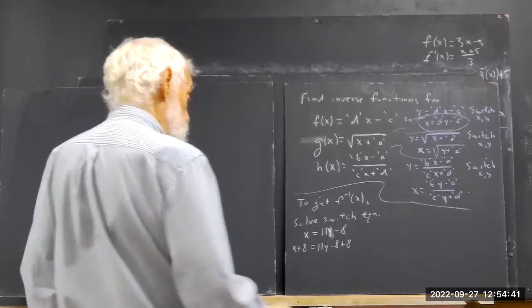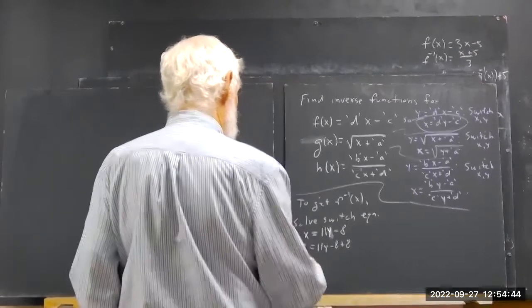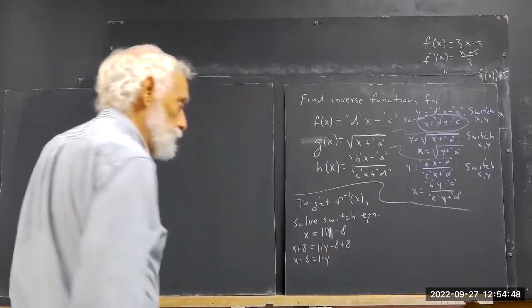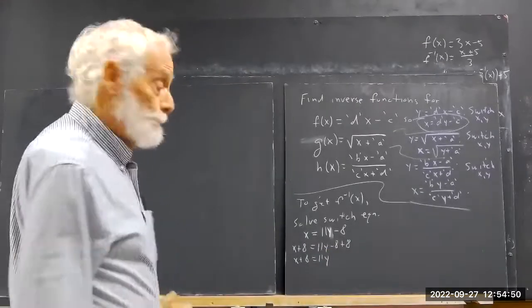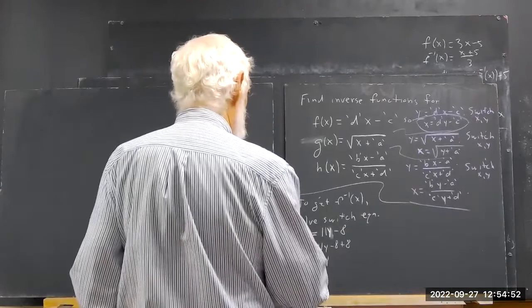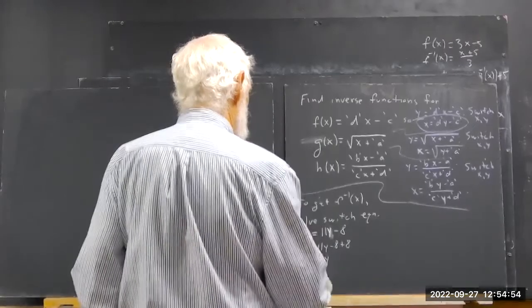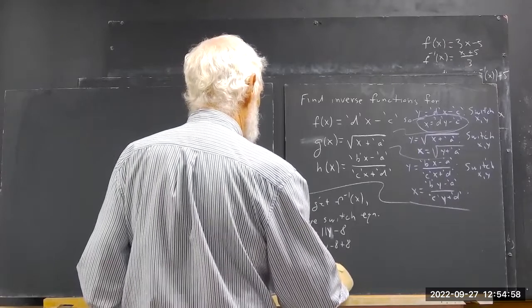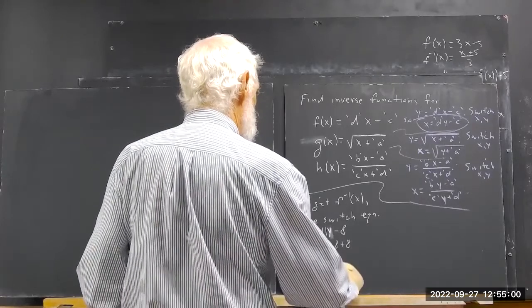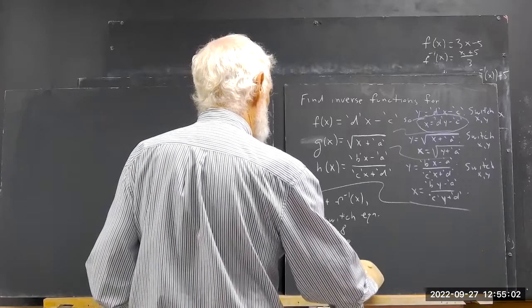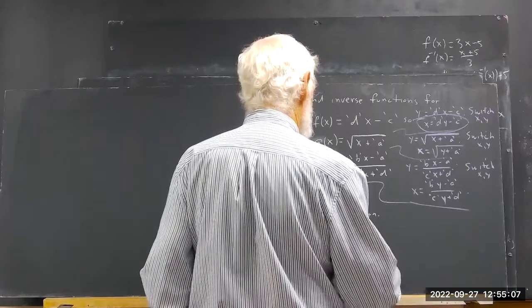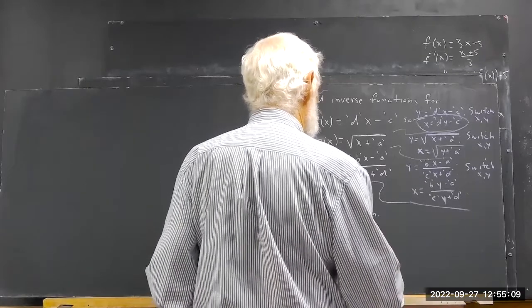Add 8 to both sides. And I get x plus 8 equals 11y. Then I'll write it 11y over 11 equals x plus 8 over 11. So y equals x plus 8 over 11.